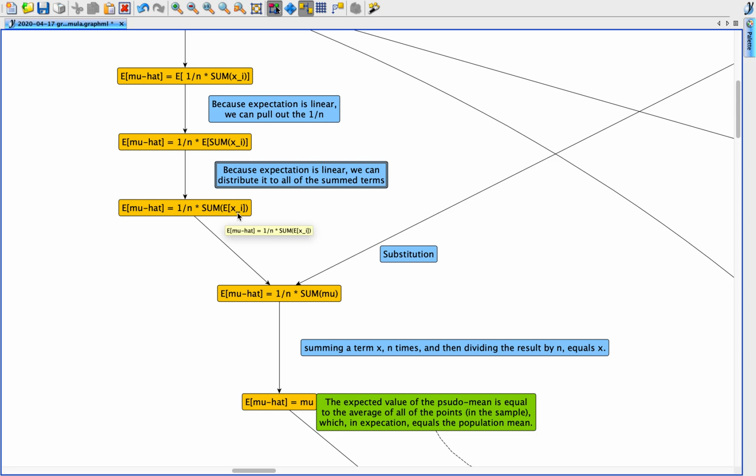Remember that we're summing all of these different xi's, but each one is a random draw. Each one is, on expectation, equal to the population mean, even though if we were actually doing this procedure, we would have a bunch of different values for each x, and they would each deviate from the mean by differing amounts, but the average deviation would be 0.